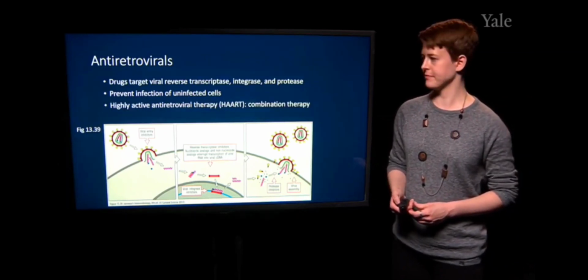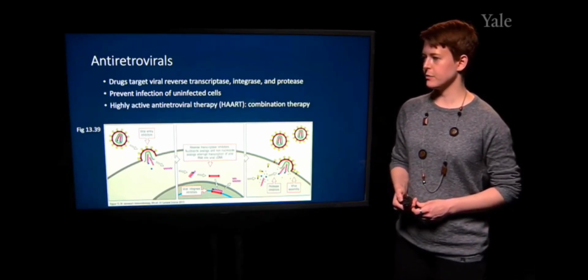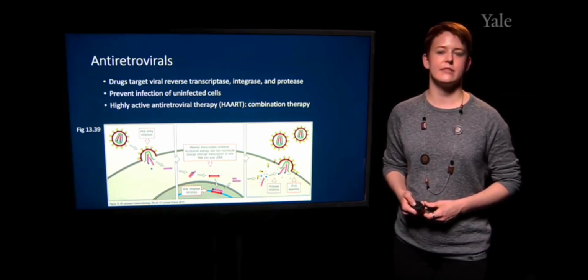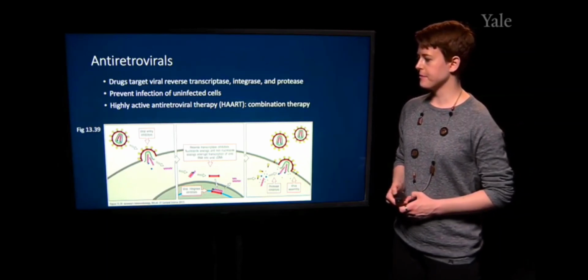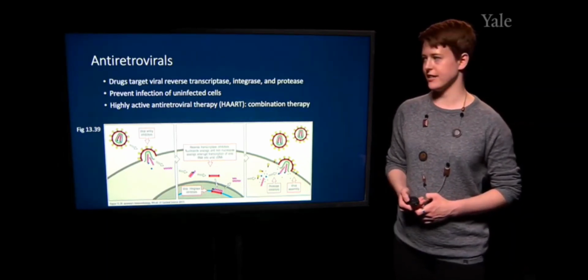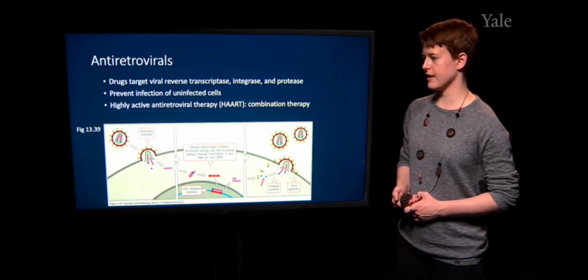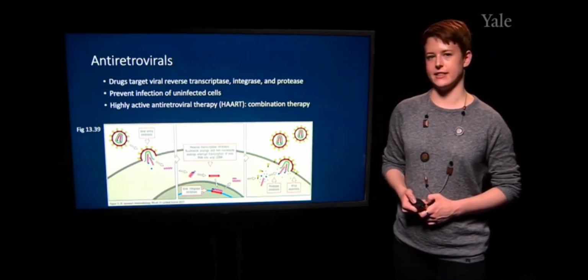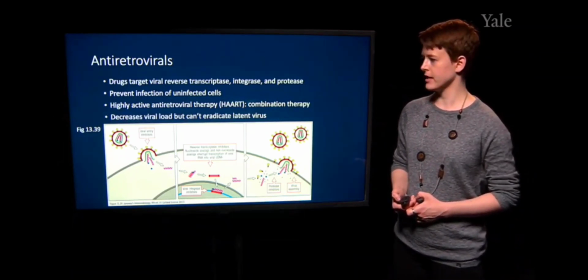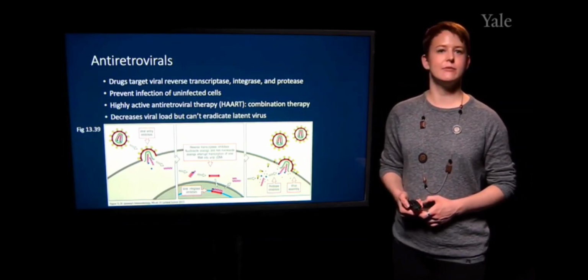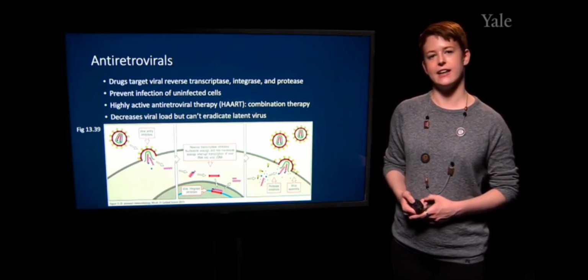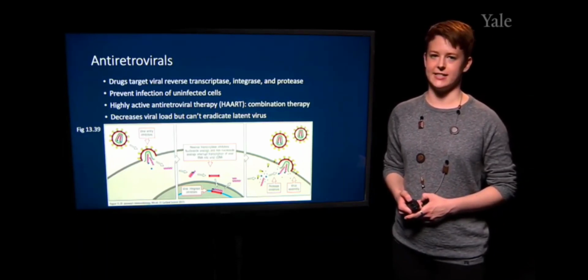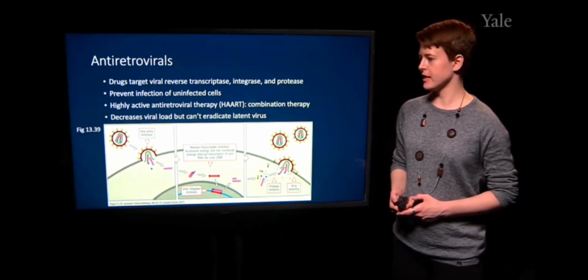And because the HIV virus will mutate rapidly, we see more efficacy with highly active antiretroviral therapy, which is typically a combination therapy. And this will decrease the viral load, but unfortunately, antiretrovirals cannot remove all the virus that is latently infected in T cells.